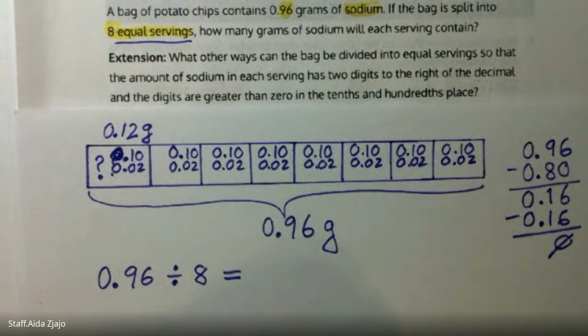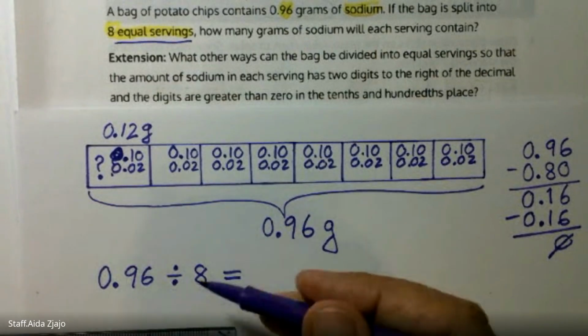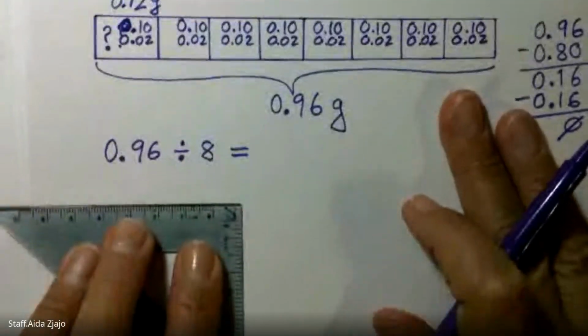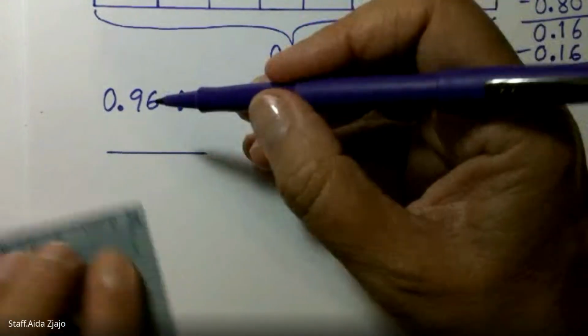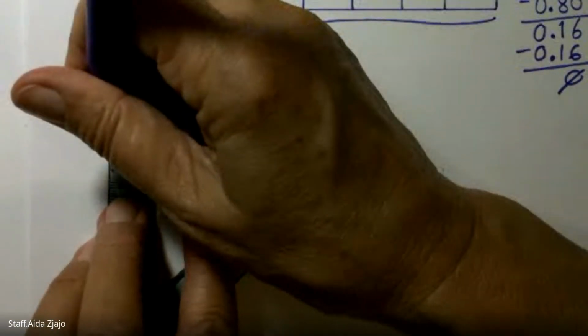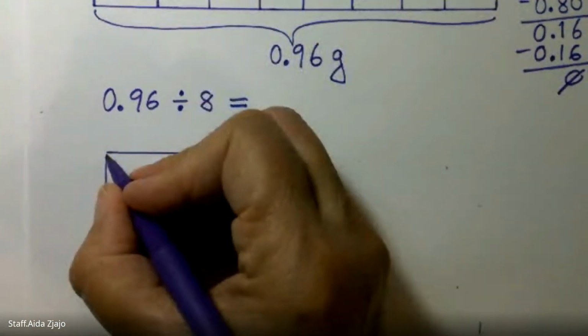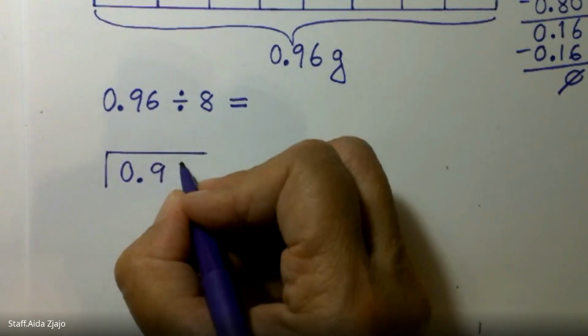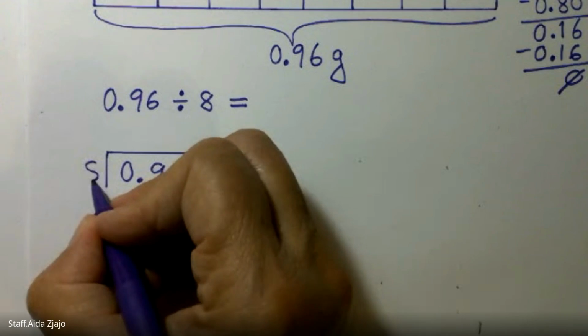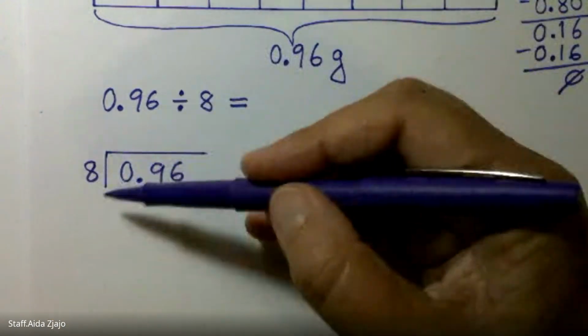So let's see if I do the standard algorithm. For the standard algorithm, you write 0.96 to be divided into 8 groups.